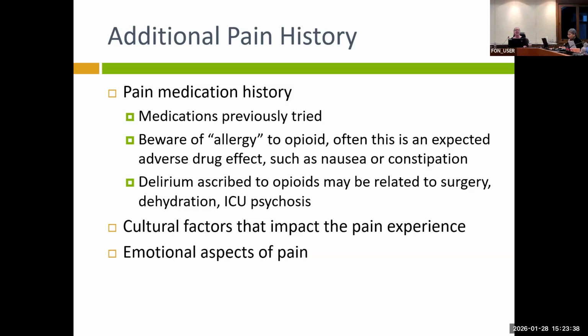Cultural factors that impact the pain experience. Okay? Because some cultures really value just not talking about pain, struggling and maintaining and keeping going no matter how much pain you're having. The other thing is the emotional aspects of pain are something that you need to, as a nurse, ask about for additional pain history.